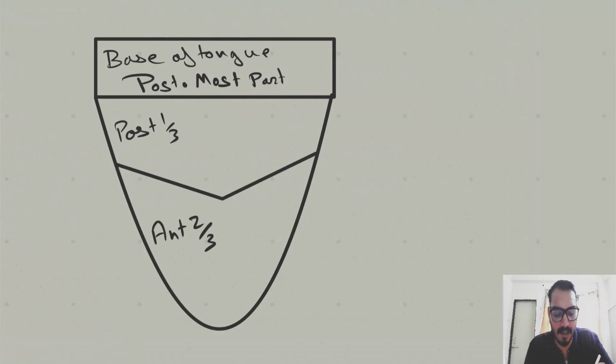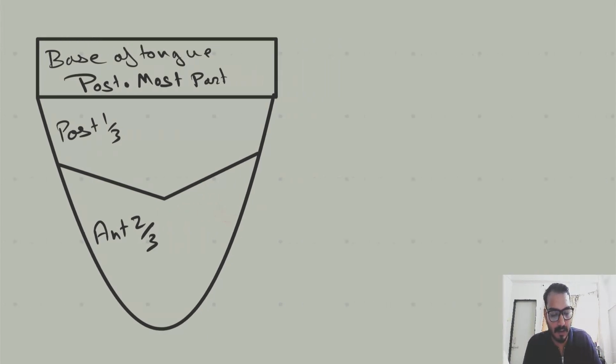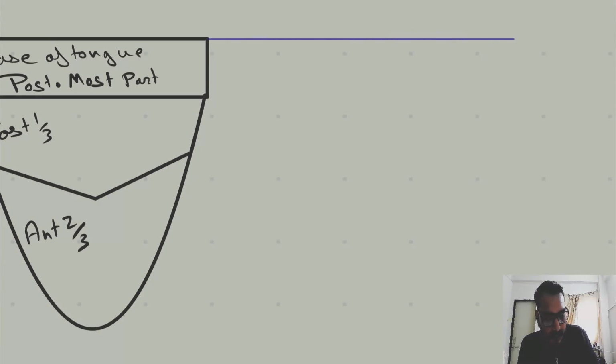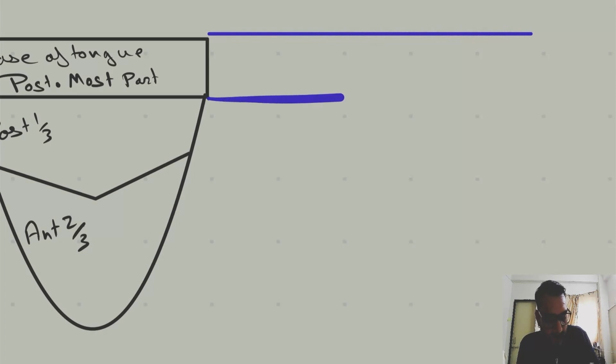We have the tongue, and in this tongue we have three different parts: the base of the tongue, the posterior 1/3, and the anterior 2/3. Now let's see the sensations in these areas. There are two different kinds of sensations present in the tongue.